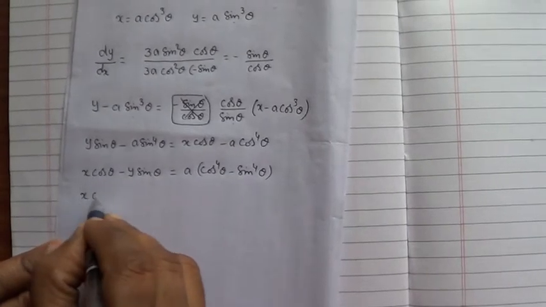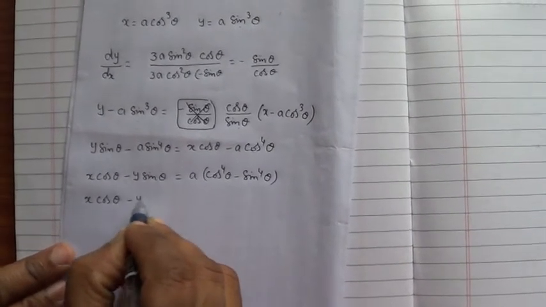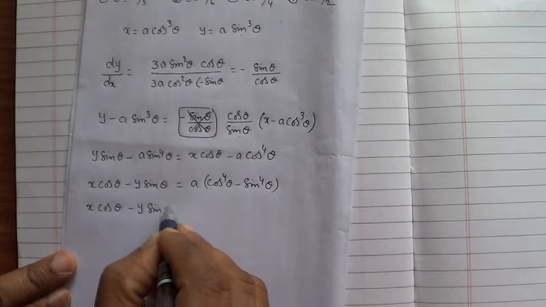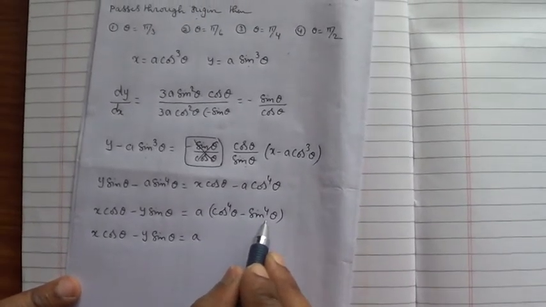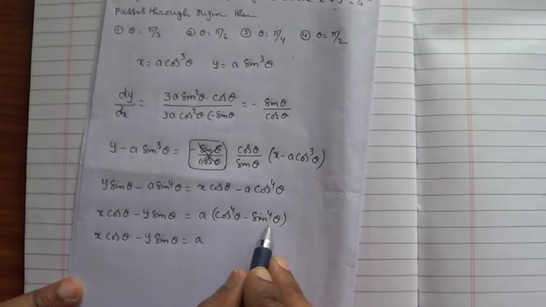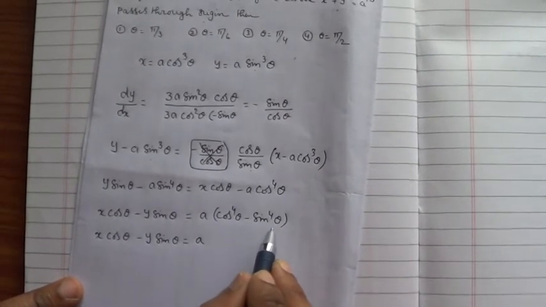So that is x cos theta minus y sin theta equals a into, we can write this as, (cos squared theta minus sin squared theta) into (cos squared theta plus sin squared theta).